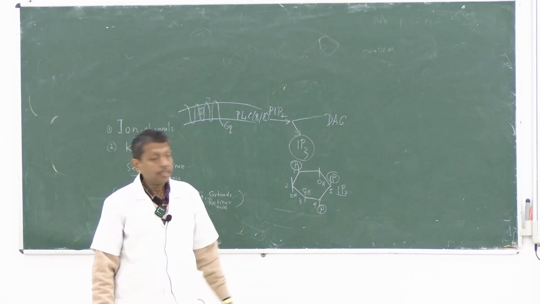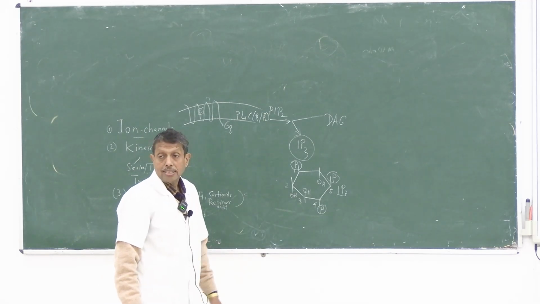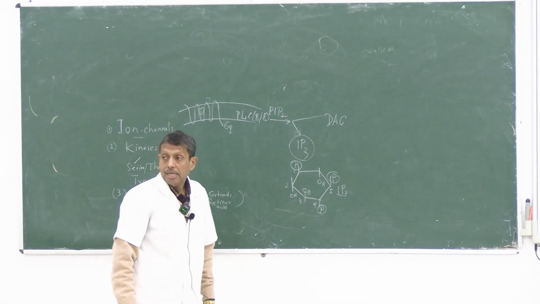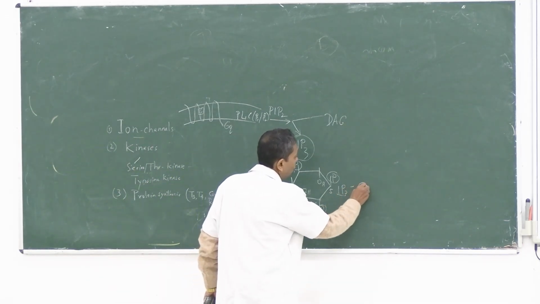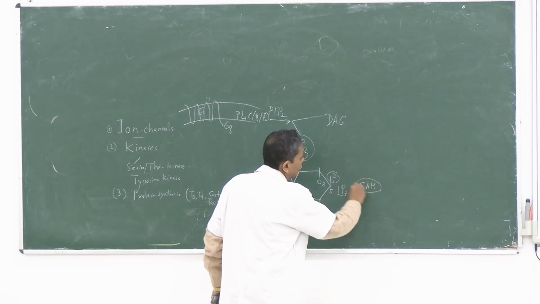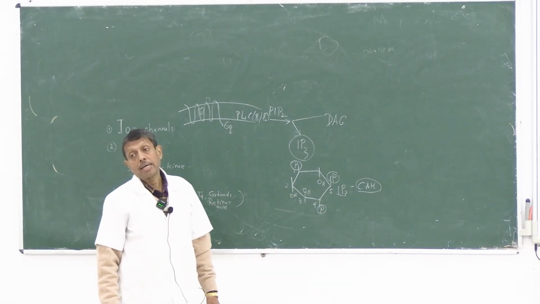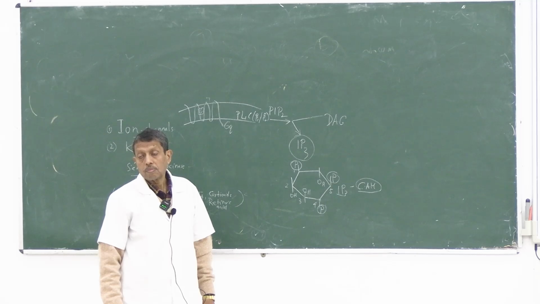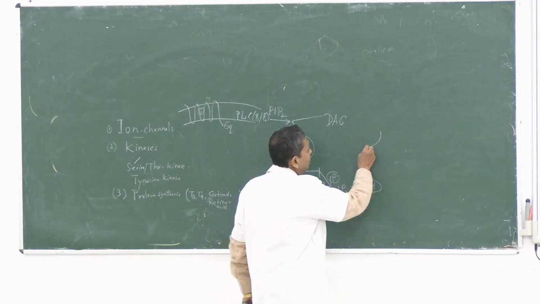Now this IP3 is the simple liberation of calcium, and this calcium concentration will rise, and in most cases it unites with calmodulin, a calcium binding protein, forming the calcium calmodulin complex, CAM, which has kinase activity and also other activity.